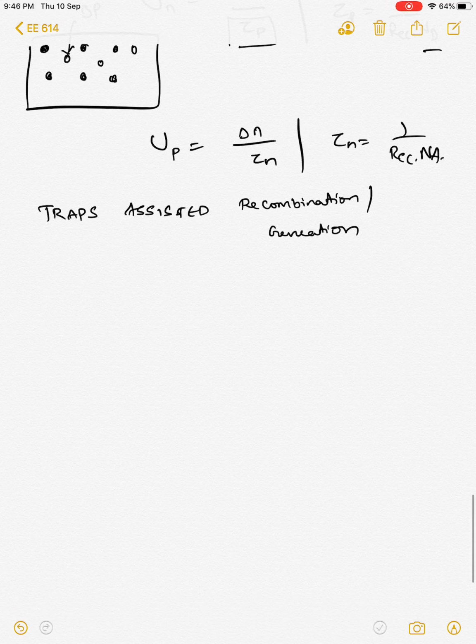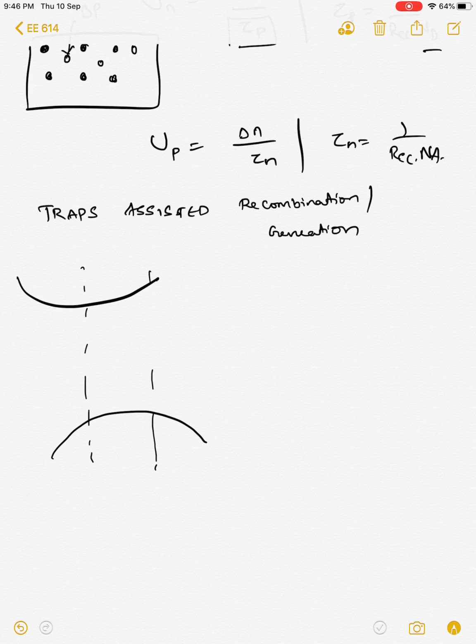Now we have a treatment in which, let us say, we have an indirect semiconductor, right? You have holes and electrons, and they are separated by some k vector, in which the direct generation and recombination are not as efficient as in the previous case.